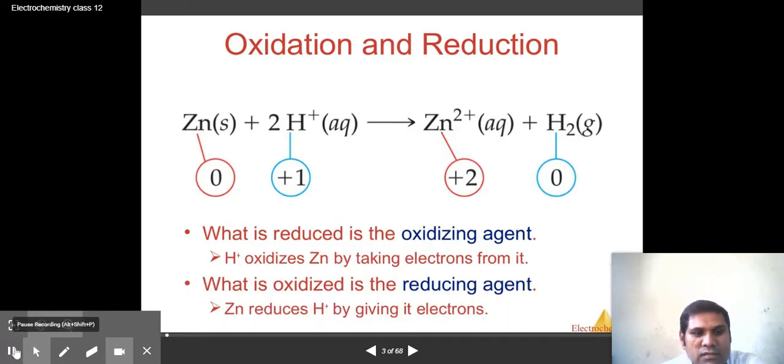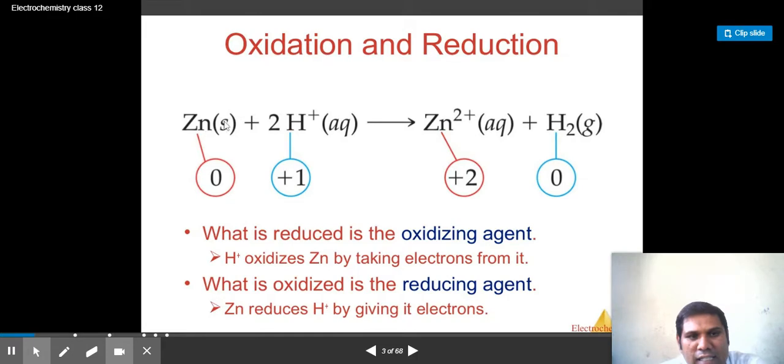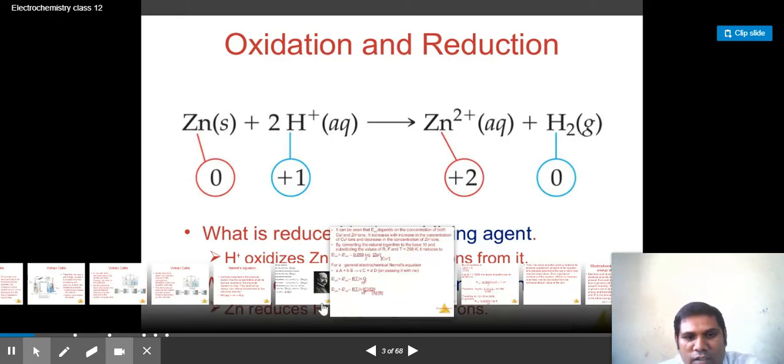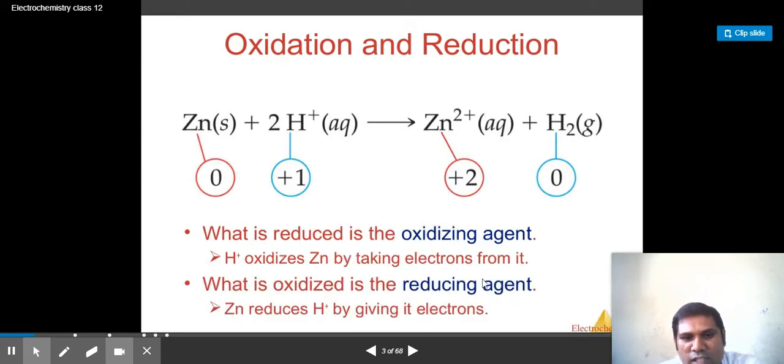That means zinc gives two electrons to these H+ ions to form H2. That means what is reduced is the oxidizing agent and what is oxidized is the reducing agent.